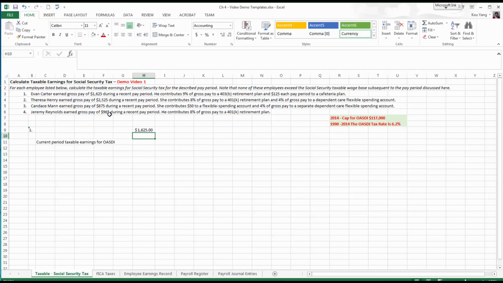So in this situation, Evan Carter contributes 9% of gross pay to a 403b, which we would not subtract because it is subject to OASDI taxes. However, he does contribute $125 to his cafeteria plan, so we're going to subtract that.